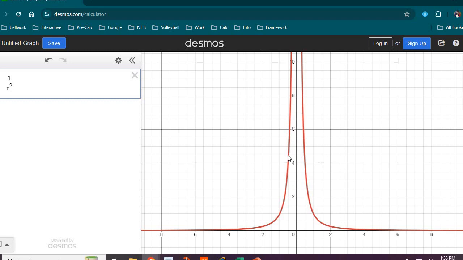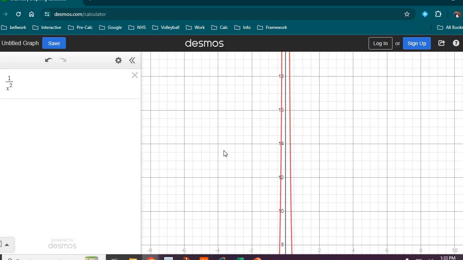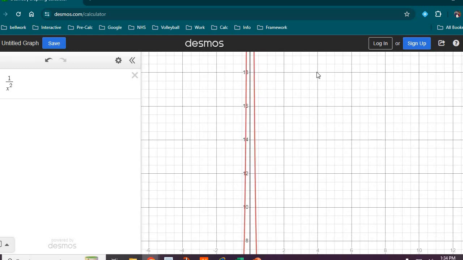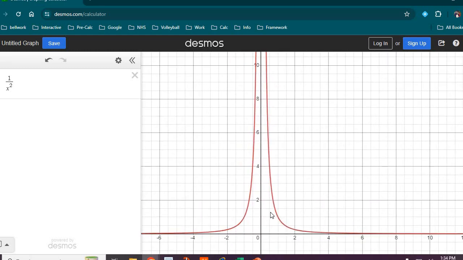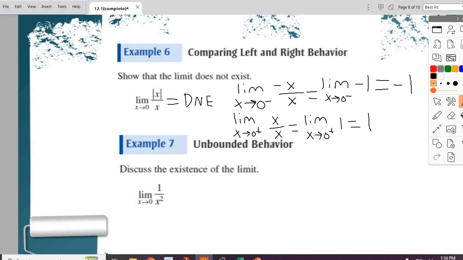Again, we're wanting to get closer and closer to the x value of 0. So what is happening to our y values as we get closer and closer to 0 from the left? What's happening as they approach it from the right? They keep going up. So what is it going towards? Infinity.